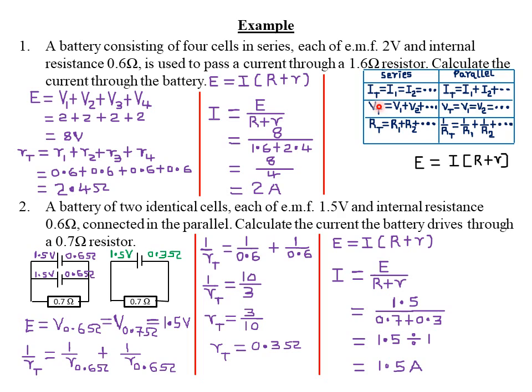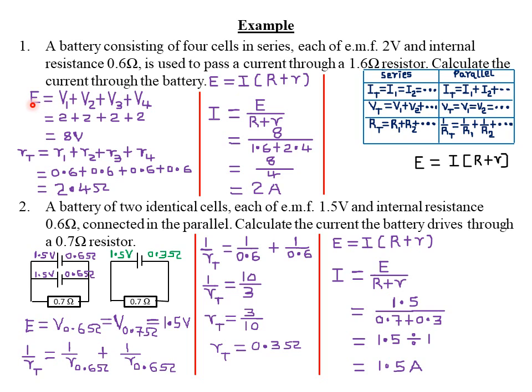So the EMF, or the total voltage, through that battery of 4 cells will simply be given by the voltage across the first cell, plus the voltage across the second cell, plus the third cell, plus the fourth cell. We add the voltages because they are in series connection, and for series connection, V total is simply the sum of the voltages.